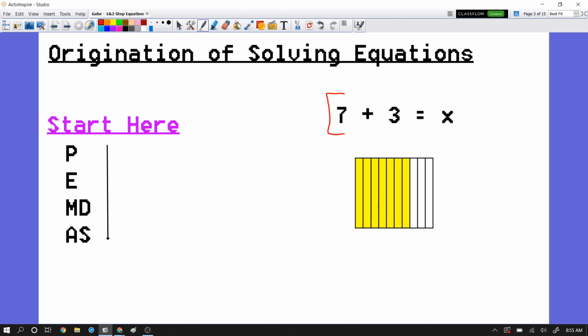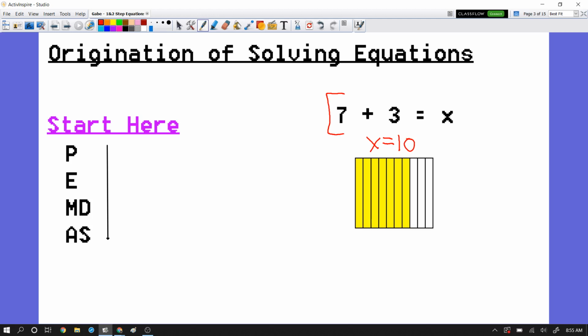And then you'd count them all together, and you'd go, oh, okay, I have a total of 10. This is where the beginning of algebra was coming in. X equals 10. X was the thing you didn't know, but now you do know it because you put 7 and 3 together. So this is us using PEMDAS, the order of operations, a universal language that's accepted anywhere on the entire world, regardless of what language you speak.